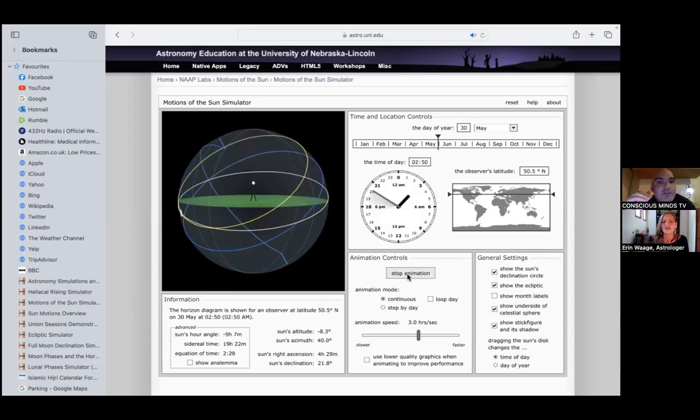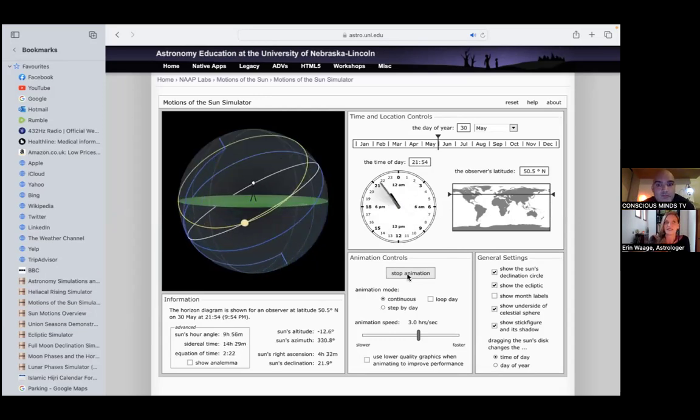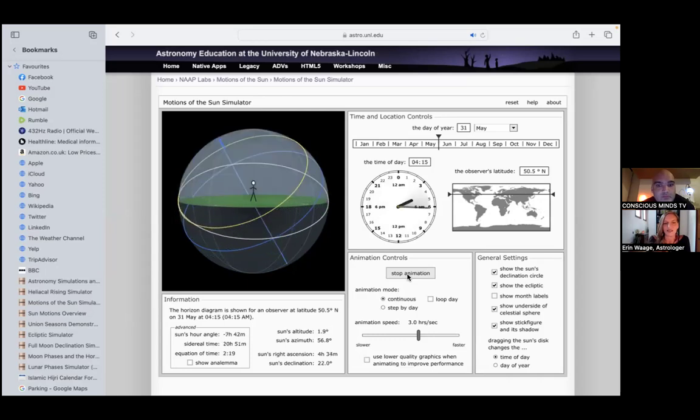This is also why, and a lot of this conversation might go over some people's heads, when you're using a whole sign house system, if you're born way up north, your midheaven, your MC, could be in your 12th house. Exactly. I'm glad you brought that up, Erin.